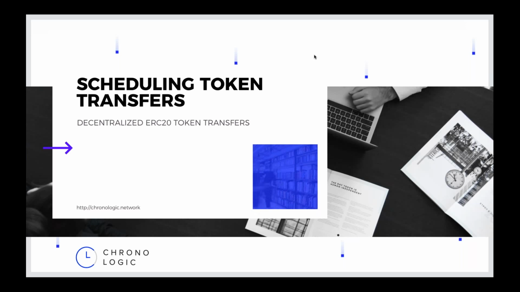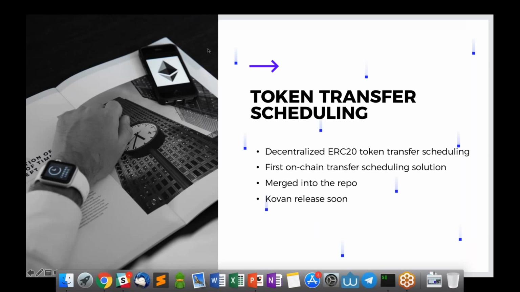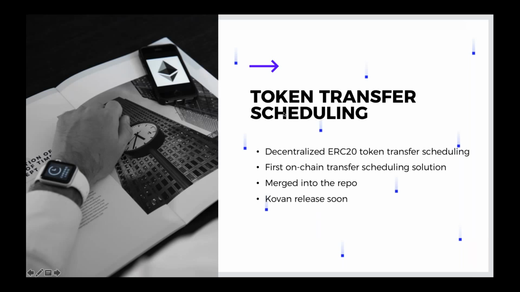So basically, how does it work? As far as we know, this is the only entirely decentralized way of scheduling token transfers, and also the first on-chain transfer scheduling solution.